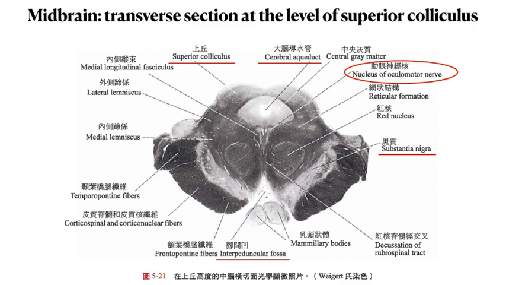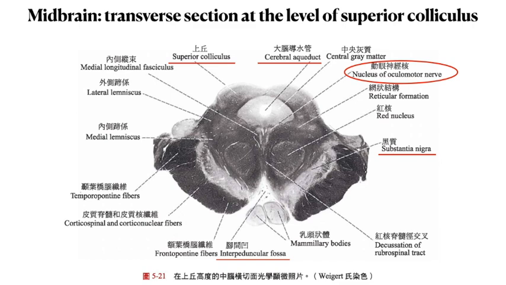Now this is the picture of the transverse section of the midbrain. And on the next picture, it is the drawing of the picture. Sometimes it's not clear to see the structures on the real picture. You can compare it with the drawing so you can identify the structure.